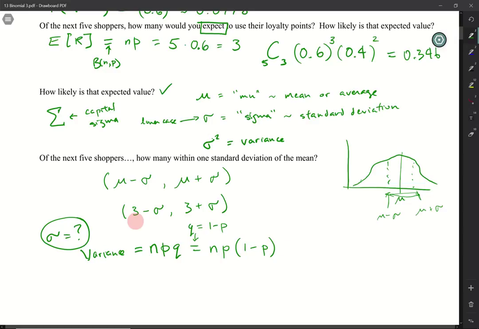So in this case, it's 5 times 0.6 times 0.4. So remember that this is 3, right? So times 0.4 is equal to 1.2, right?